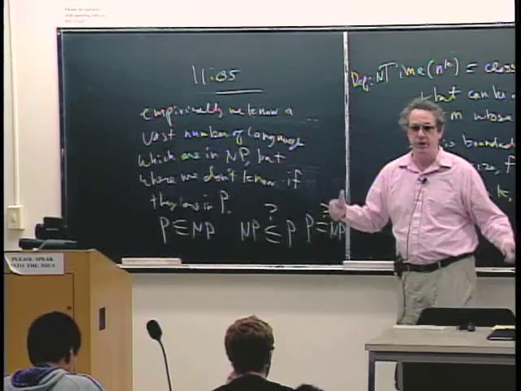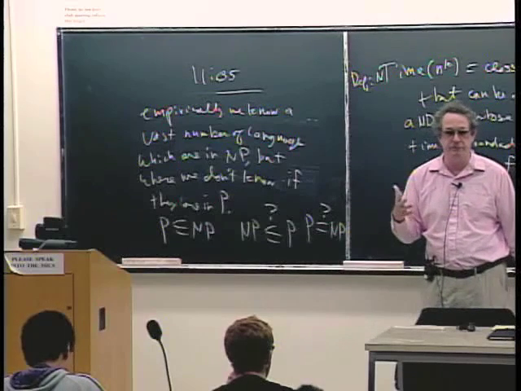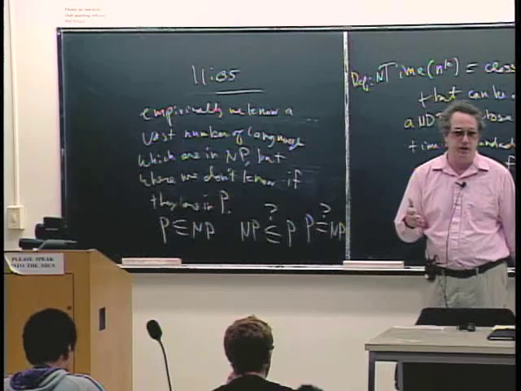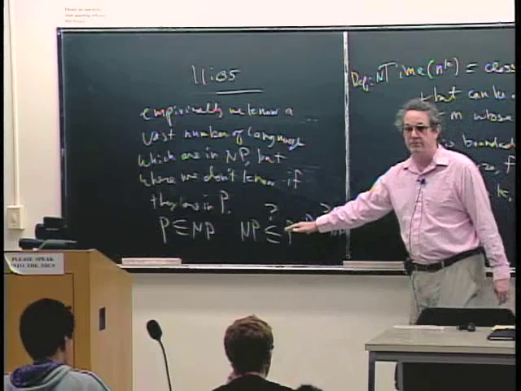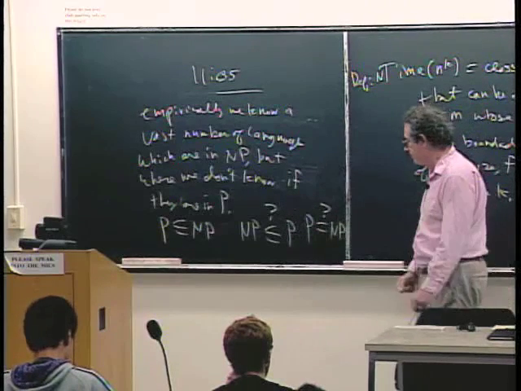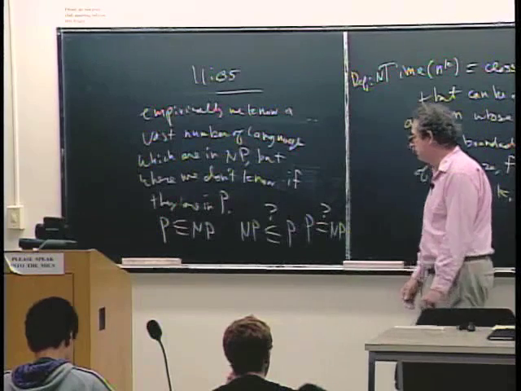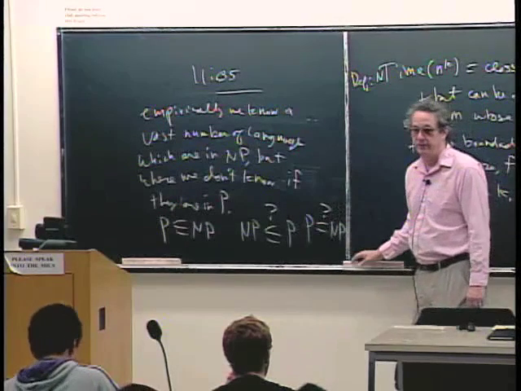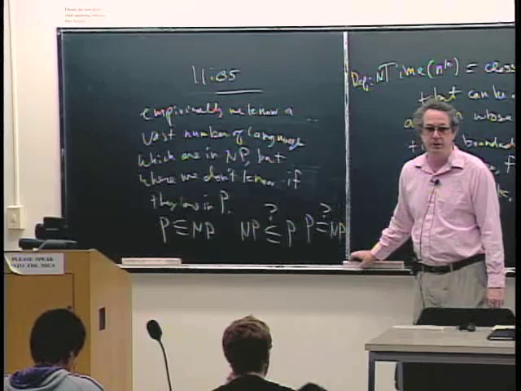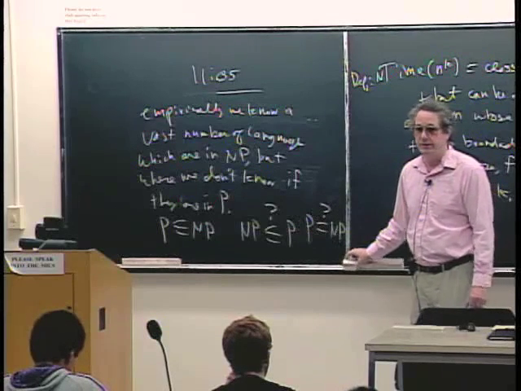But in 122, we always say, well, if you want a precise definition, you have to take 120. Well, I've just given you a precise definition. We'll do another version of that next time as well, which gives you a somewhat different sense of what it means. But this is absolutely precise of what the class P is and what the class NP is and what the question of whether P equals NP is.